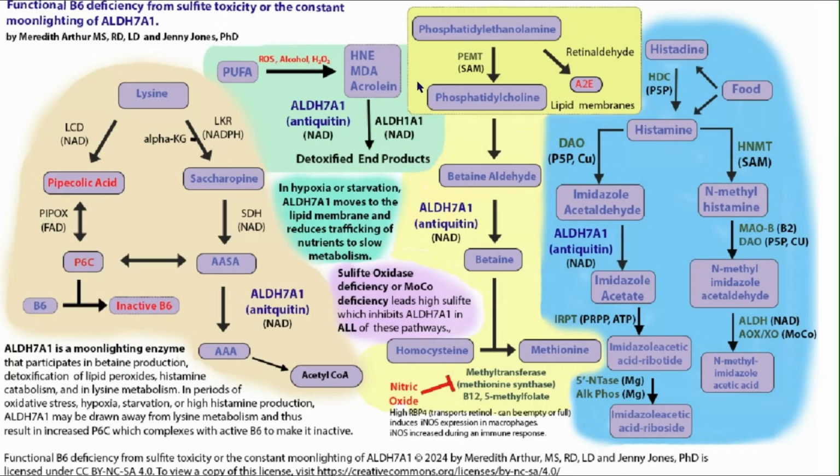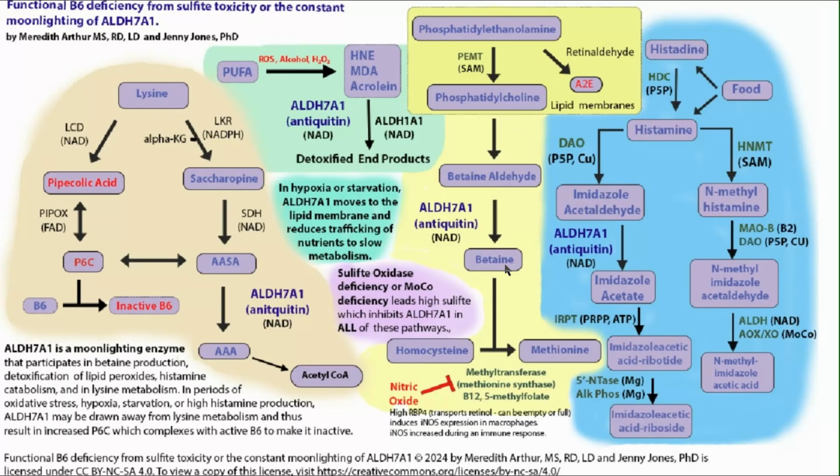So then ALDH7A1 is one of the enzymes that can make betaine, and I don't have shown here, but there's another one. It's ALDH9A1. So again, though, you could have the sulfite binding right here to betaine aldehyde, and then that could cause a betaine deficiency.